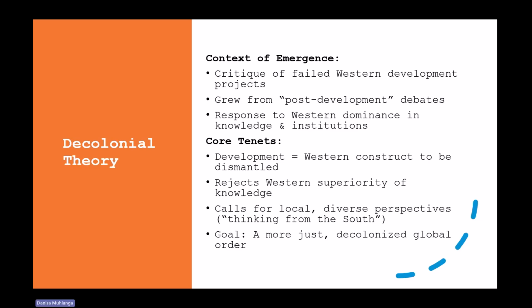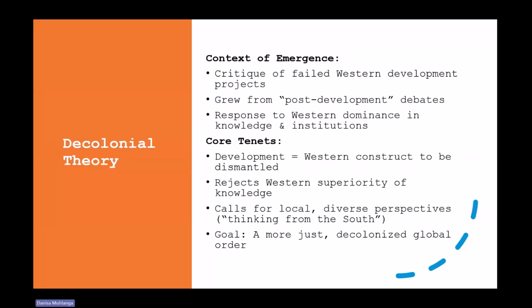it's criticizing modernization theory, right? So the critique of the failed Western development project said no, whatever modernization perspectives were put on the table are not working. So that's the first critique, right? And it grew out of post-development theory, which argued that development was a Western ideology that is imposed on the global South.